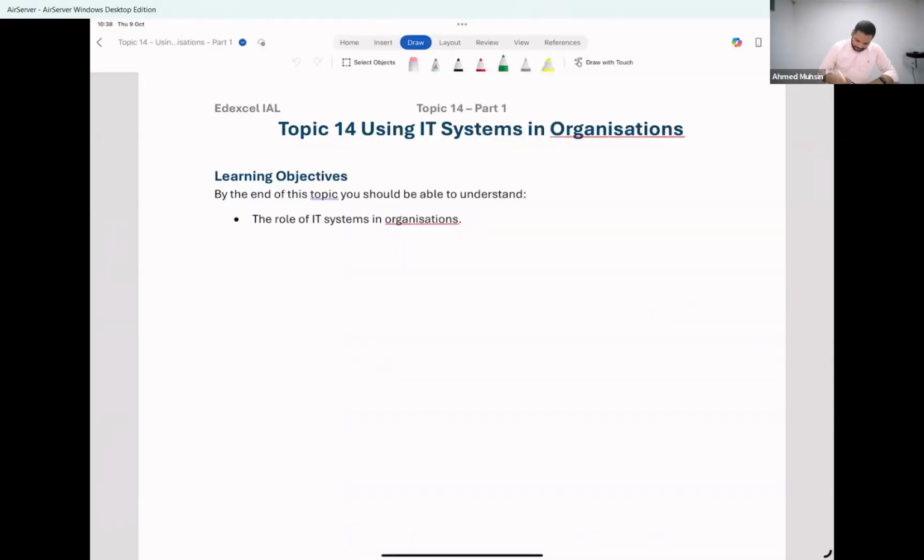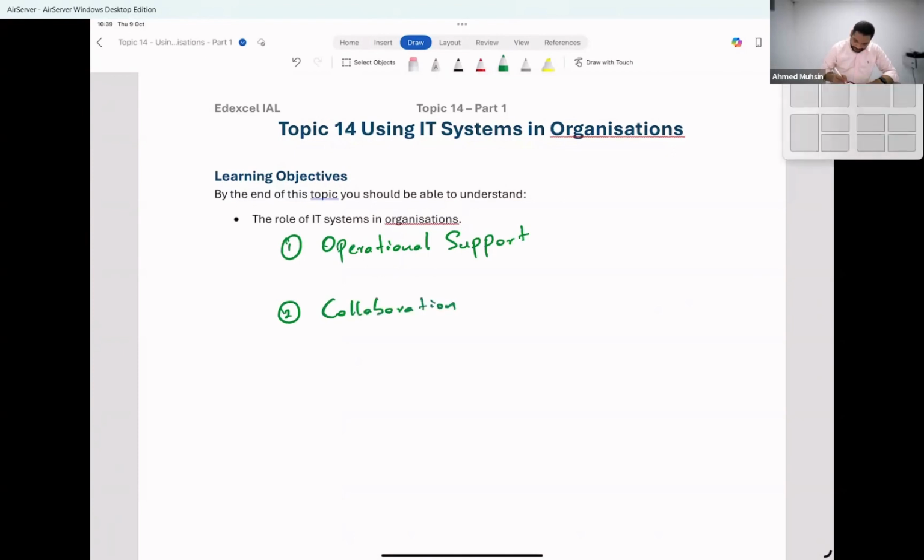So the 5 that we had was operational support, collaboration. Number 3 was knowledge management, keeping the knowledge within the organization.